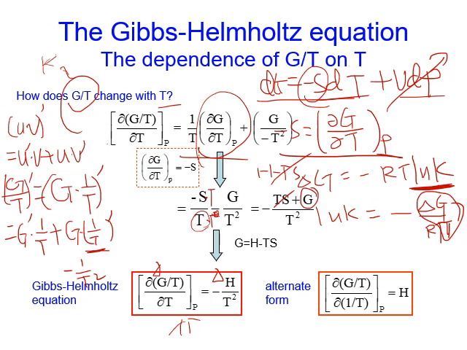So this tells you that the sign of delta H will determine how the equilibrium or Gibbs energy changes with temperature.